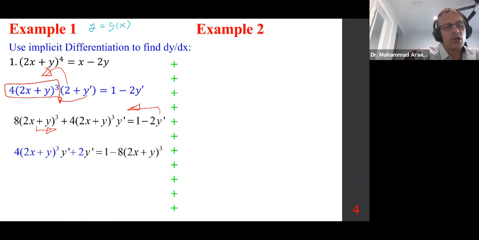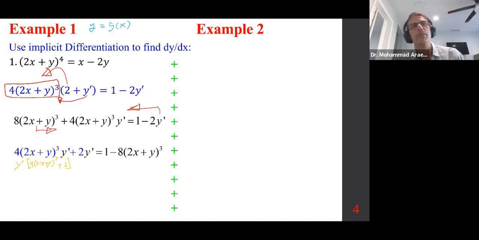If I take the y prime out, what is left? The piece in blue from the first term, and the last one only 2.